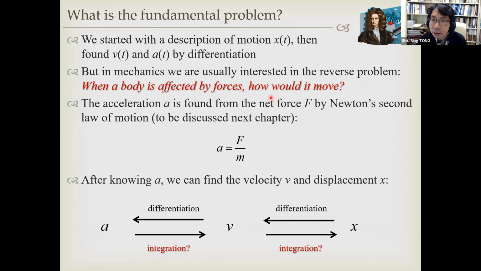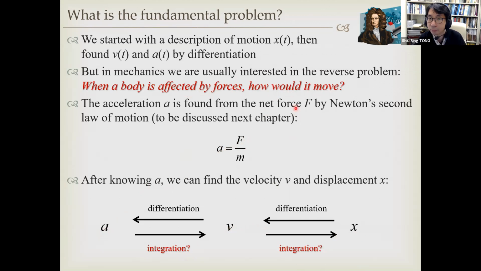But in the following discussion, we will start with the reverse problem. We are given the acceleration, because we know what kind of force is acting on the object. So we know the acceleration, and we want to go back to find the position and the velocity of the object.